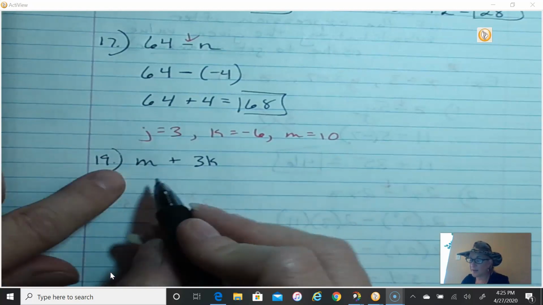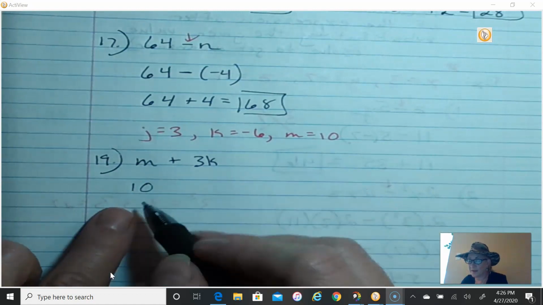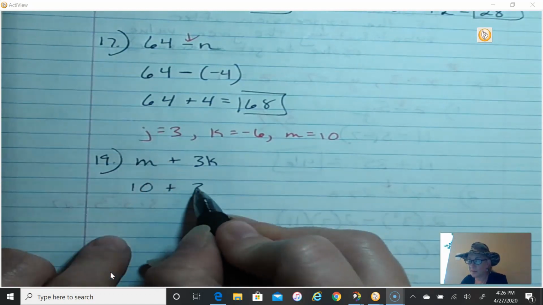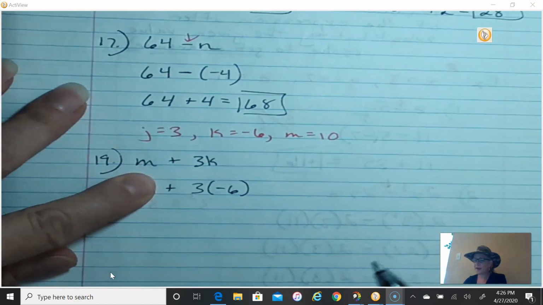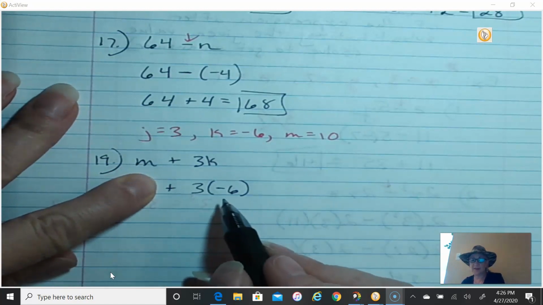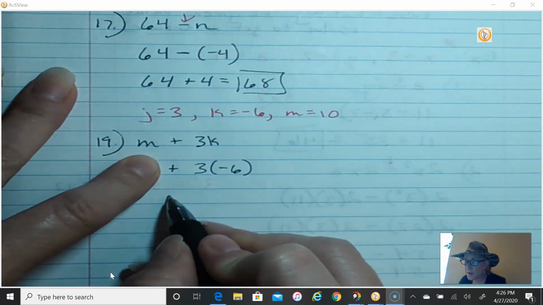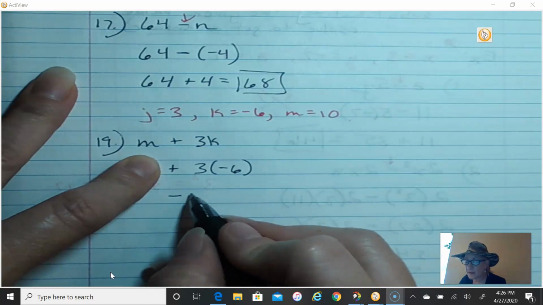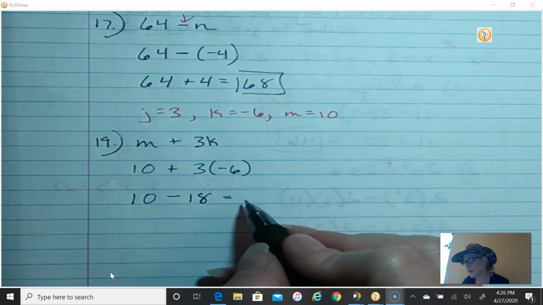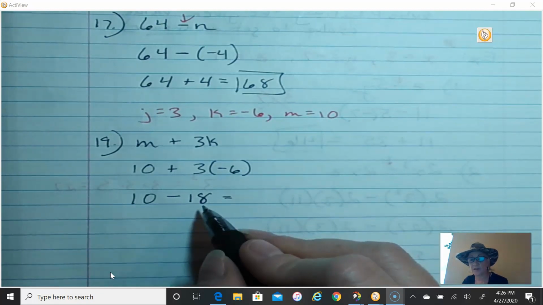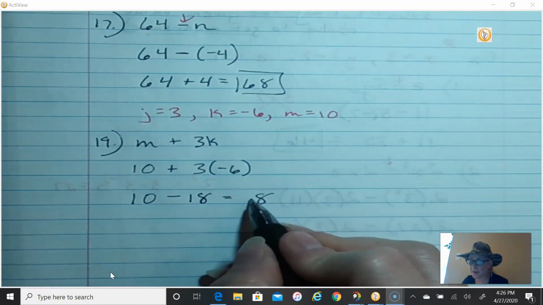Okay, and that's an m, so m is 10, so we're going to substitute that m for the 10, plus, they're multiplying, so 3 times k is negative 6. That's a positive 3 times a negative 6. Positive times a negative is a negative. So then I have, what's 6 times 3? 18. So 10 minus 18. Positive and a negative, you subtract and take the sign of the largest, which is 18, so it's negative.